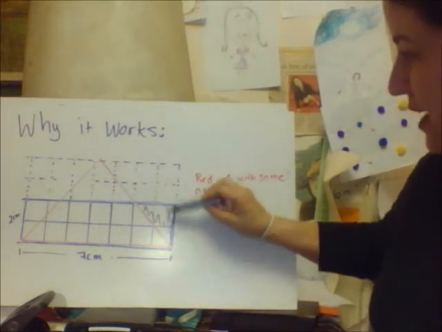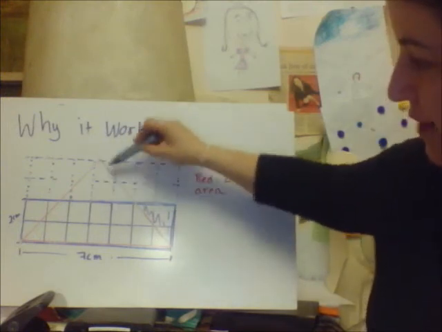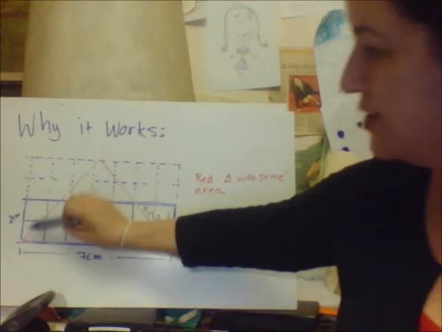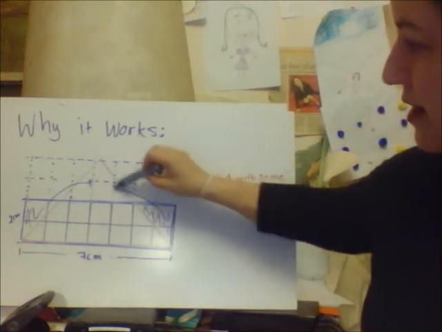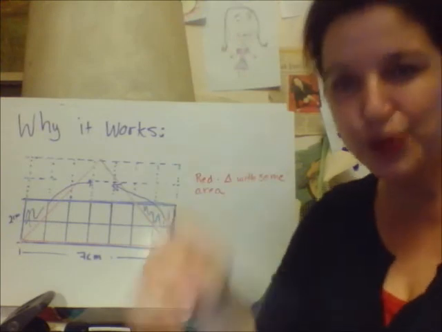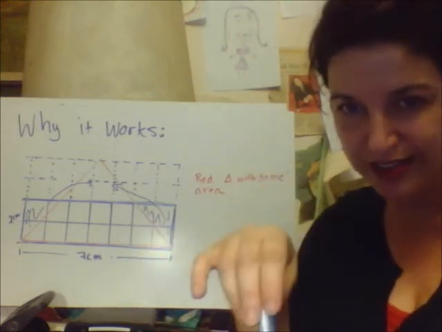They can get cut out and moved over to here and fill that in. So these two chunks will get moved and put into there and there, and you would have a triangle with exactly the same area as your rectangle.